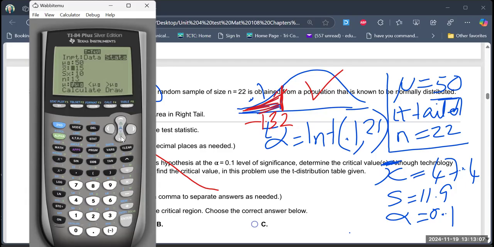The sample mean is 47.4. The sample standard deviation given to us is 11.9.